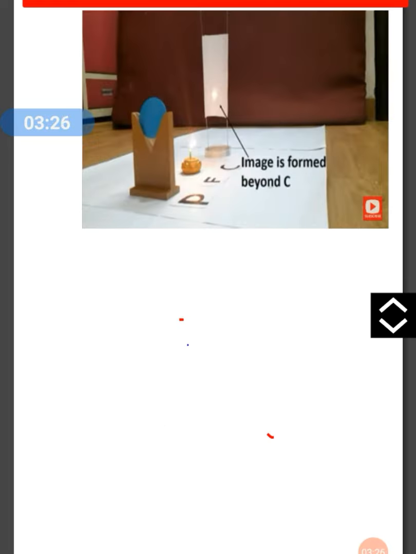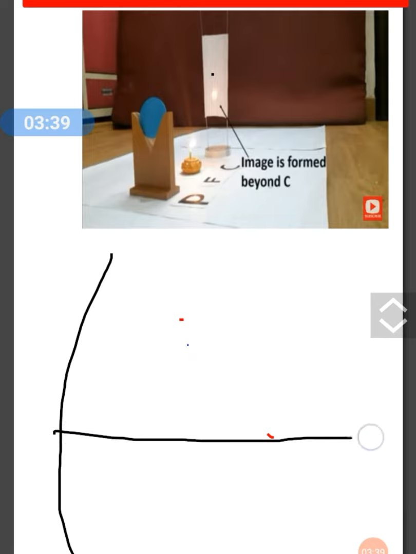Now next here, if you put the object between F and C, the image is formed beyond C, and the image is enlarged. Okay, now we will draw it.